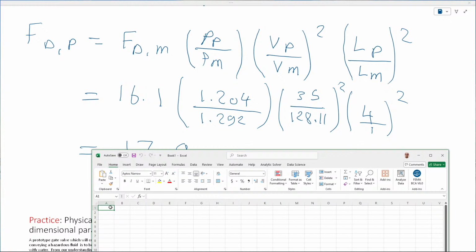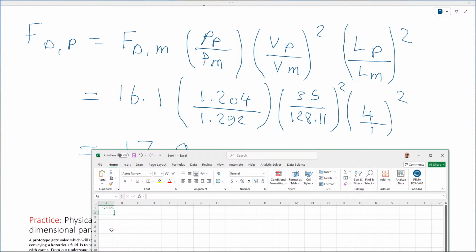So here I have 16.1 times 1.024 divided by 1.292, times 35 divided by 128.11 squared, times 16. Four squared is 16.